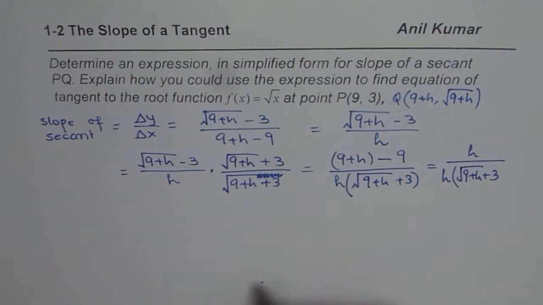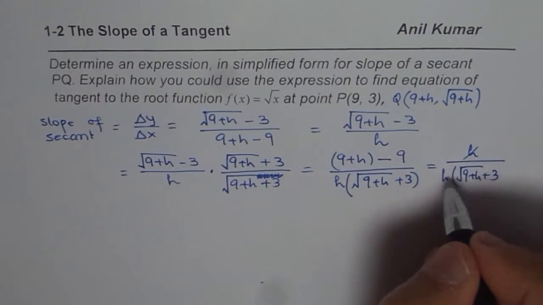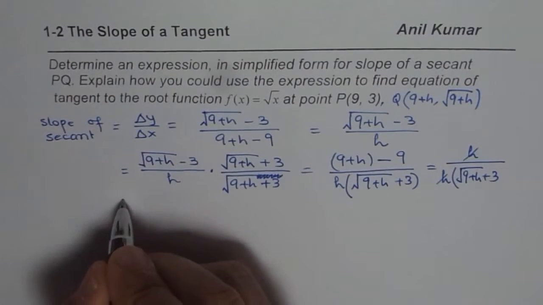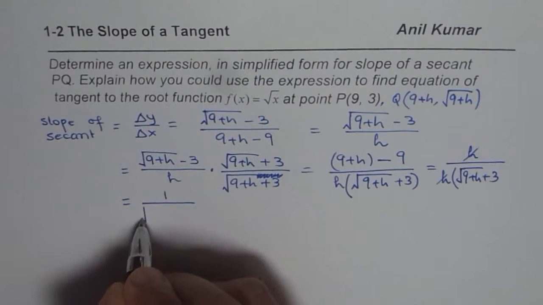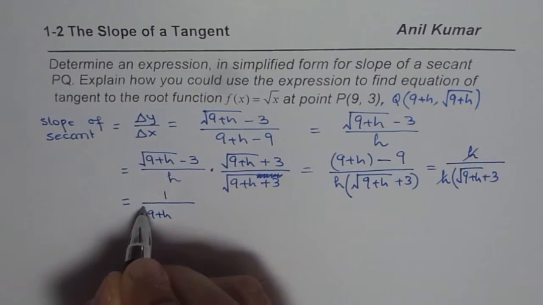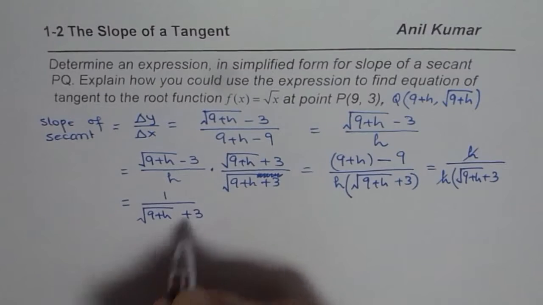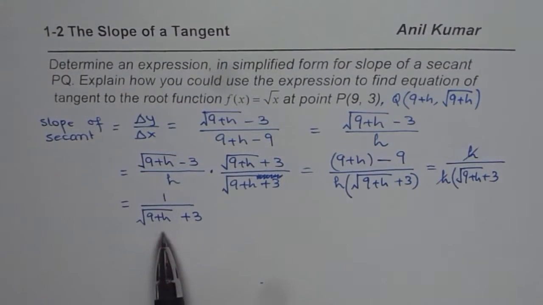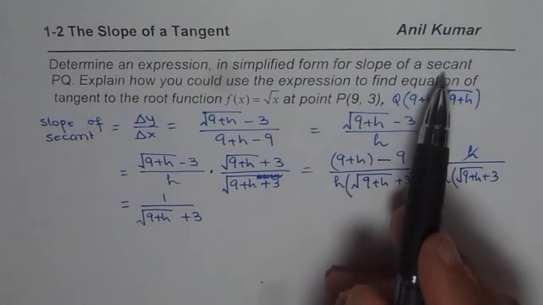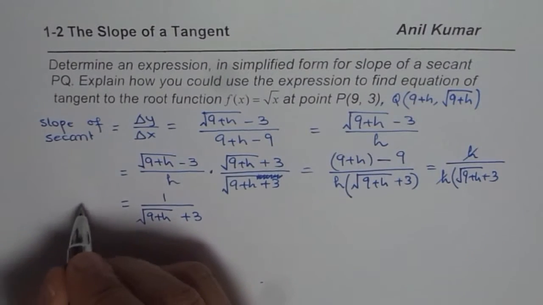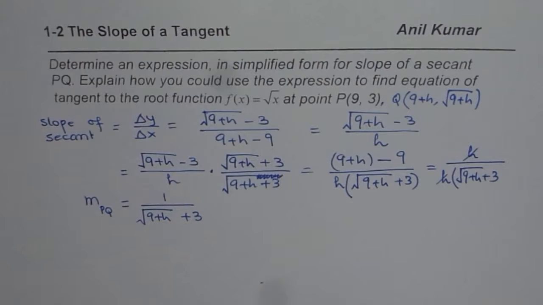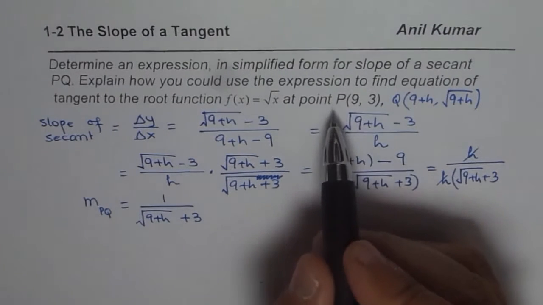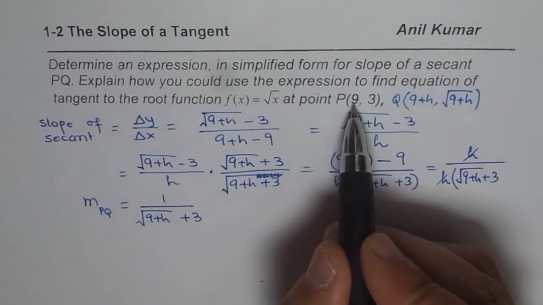Now h and h cancel out, right? So we get the slope of the secant as 1 over square root of 9 plus h plus 3. So that is a simplified expression for the secant slope PQ. Let me write this as MPQ, the slope of the secant PQ at the point P where the x value is 9.